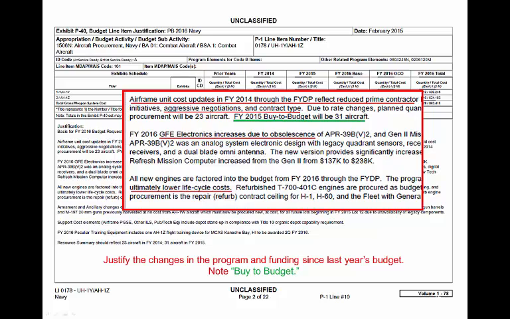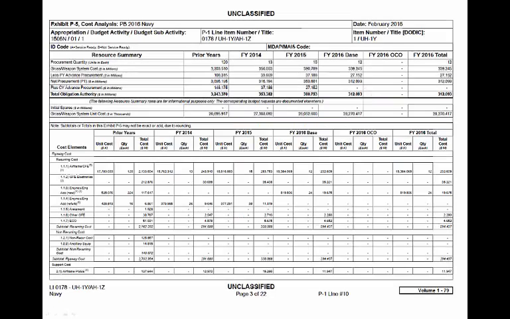The second page of the P40 also provides a detailed justification for any changes in the program strategy or costs since the prior year budget. It serves a similar function as the reconciliation of price and program growth we saw in the expense type budget. After the P40 justification documentation, we have the P5 cost analysis that breaks down the cost of the program.